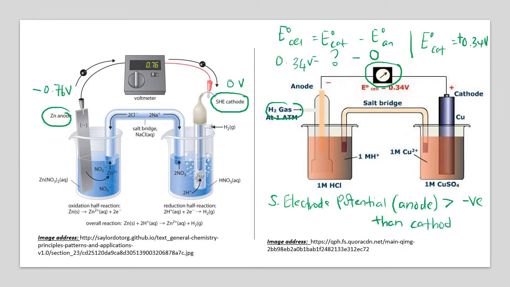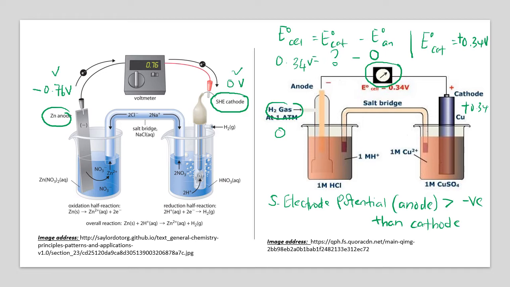Okay, so again we look at here, anode is negative 0.76, and then SHE is 0, so anode is more negative. In another example here, anode is 0, and then the cathode copper is positive 0.34. 0 is more negative.